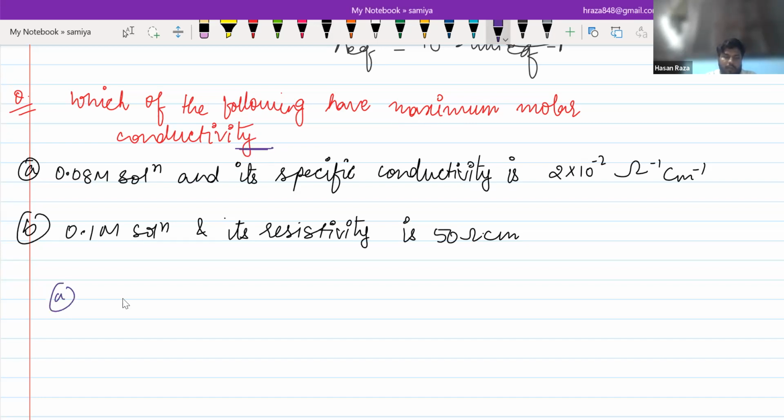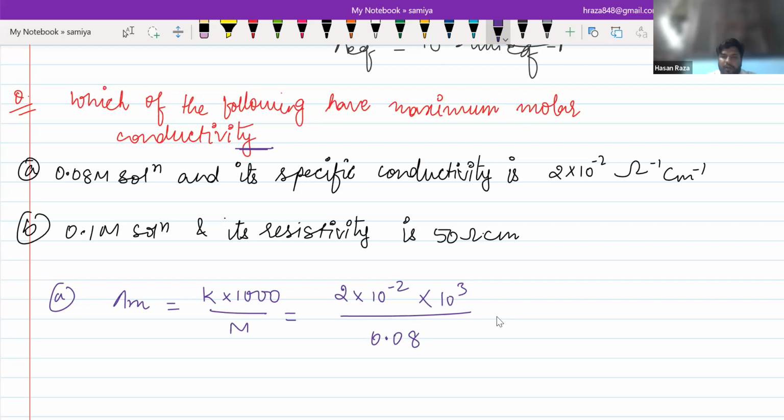So for A, the formula will be kappa into 1000 upon M. Kappa has a value 2 into 10 raised to the power minus 2, into 1000, that means 10 raised to the power 3, upon molarity, which is 0.08. This can be solved into 8 into 10 raised to the power minus 2.